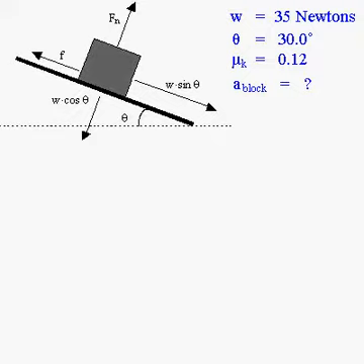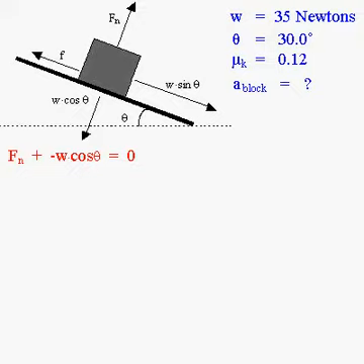In the perpendicular dimension, there are two forces. The normal force, Fn, and W cosine theta. Those two forces have to sum to zero because there's no motion in that dimension. Well, to sum forces, we have to define a direction. I'll define upwards as positive. So the normal force is a positive force, W cosine theta is negative. Well, to sum those two forces then, I just take Fn plus negative W cosine theta.